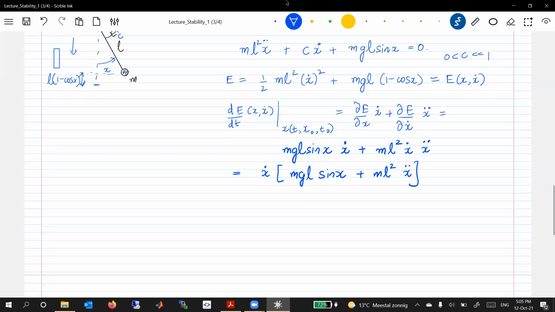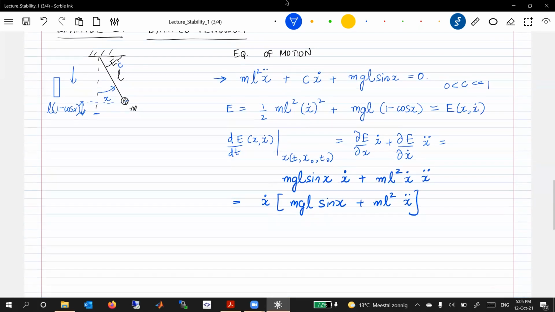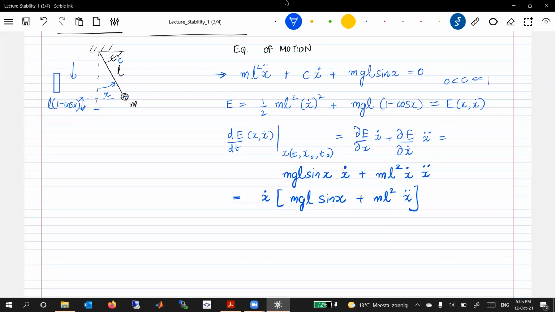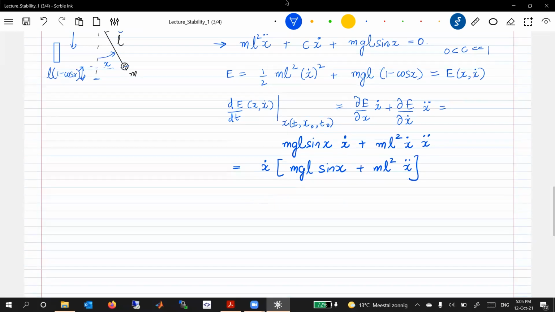And now if we look at the original equation here, we are evaluating the energy along the trajectories, and it turns out along the trajectories, this equation of motion holds, and if we apply that, we get this term to be simply negative of c x dot, right?